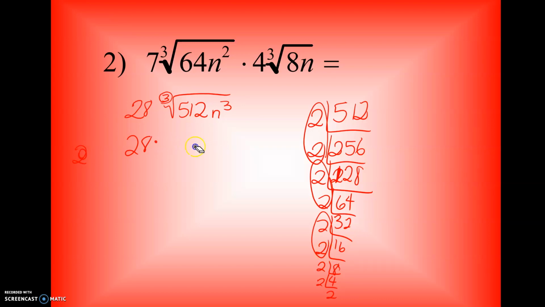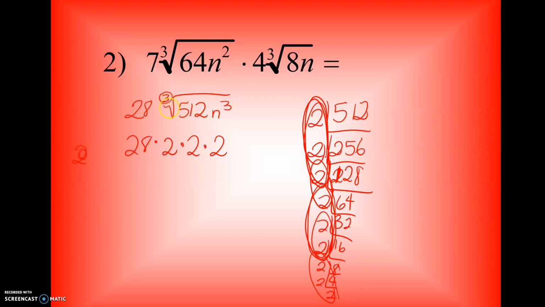Goodness. I'm looking for groups of 3 because my index is 3. So here's a group of 3 2's, so it goes out. Here's a group of 3 2's, so they go out. And here's a group of 3 2's, so that goes out. So no numbers left over, so I don't need anything underneath the radicand.